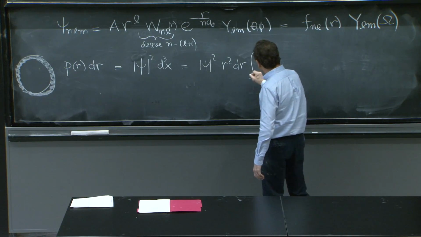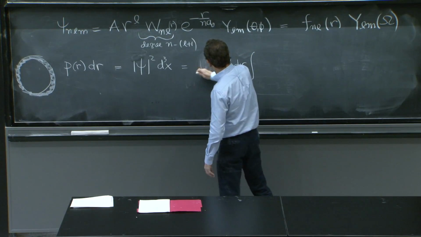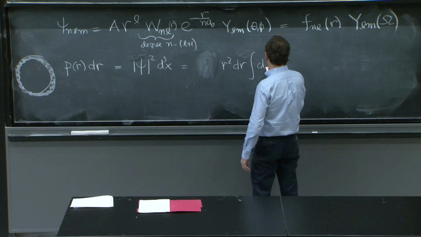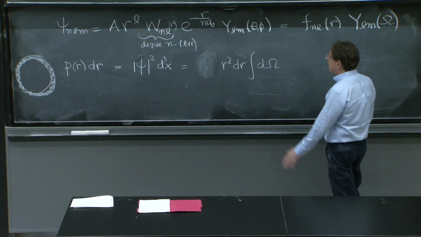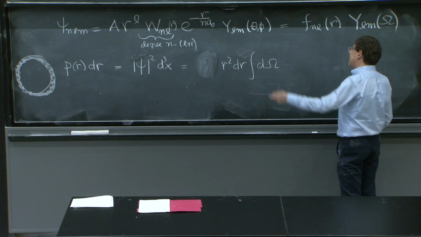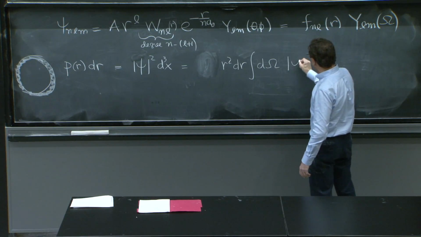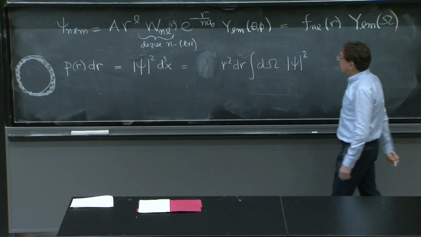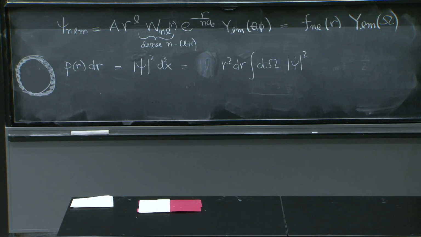So you have to integrate over solid angle. That is the volume element. And since I have to integrate over solid angle, I must have psi squared here. So that's the right equation.